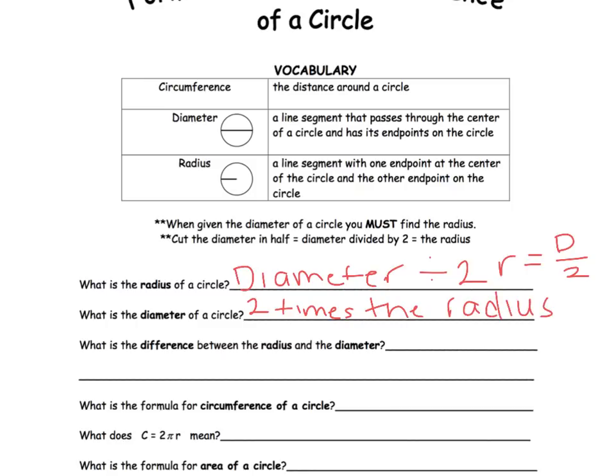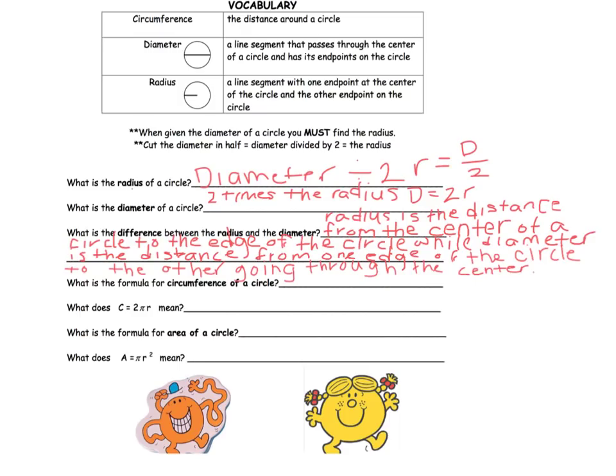D equals 2r. What is the difference between the radius and the diameter? The radius is the distance from the center of a circle to the edge of the circle, while the diameter is the distance from one edge of the circle to the other going through the center.